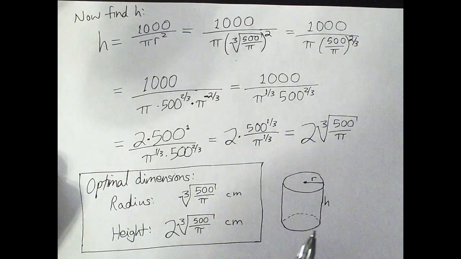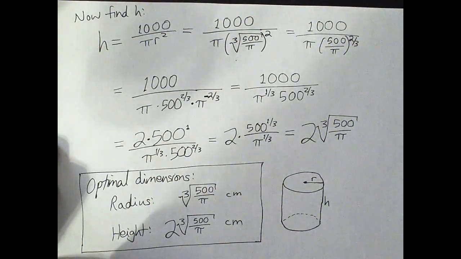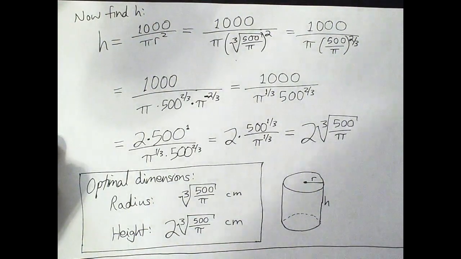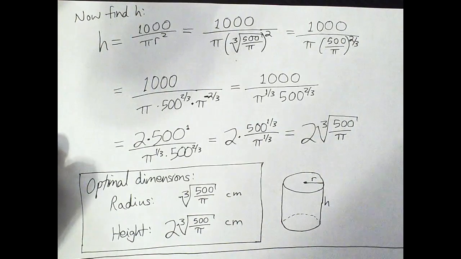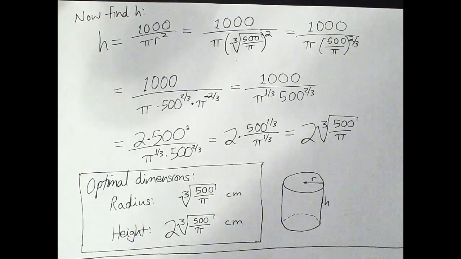Now that's for a cylinder that has a top and a bottom. I guess an interesting variation of this problem would be to give you a problem like this, but maybe where the can has no lid. That's kind of interesting. That would change everything. In fact, that might change the answers, right? Both of them.